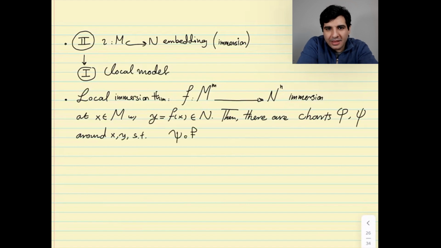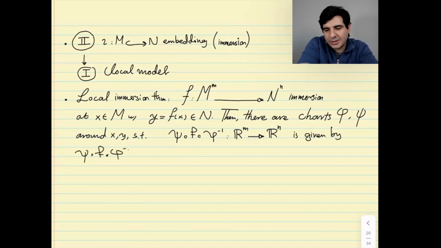So f in these coordinates, by definition, is psi composed with f composed with phi inverse. As a map from Rm to Rn, it's given by the canonical immersion. So that's the description of the local immersion theorem. It means psi of f of phi inverse acting on x1 up to xm is given by x1 up to xm, and then 0 for all the other components.